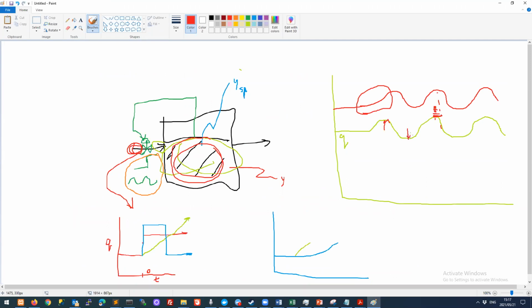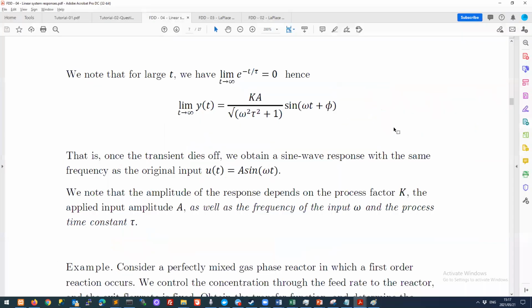This amplitude is going to cause a response, and this response is not going to have the same amplitude, right? It's going to be some different response. Remember, of course, the variables have different units. Number one, this is a flow rate, and maybe this is a temperature. So this red line is a temperature. So there's some response which is not the same as the input change, and we would be able to determine what that is.